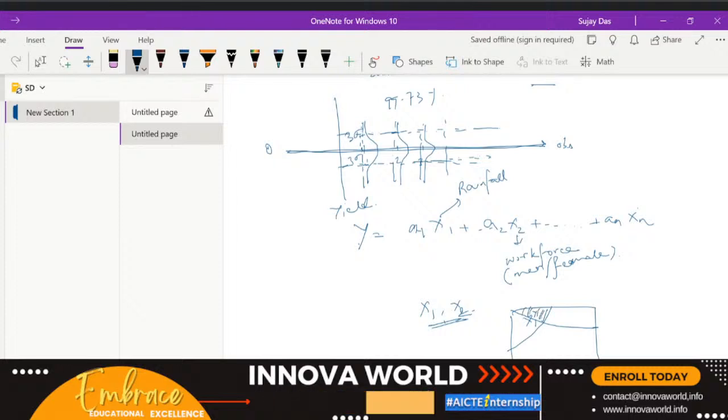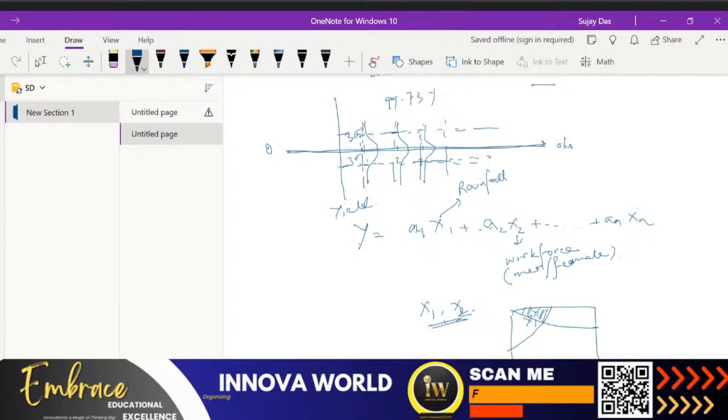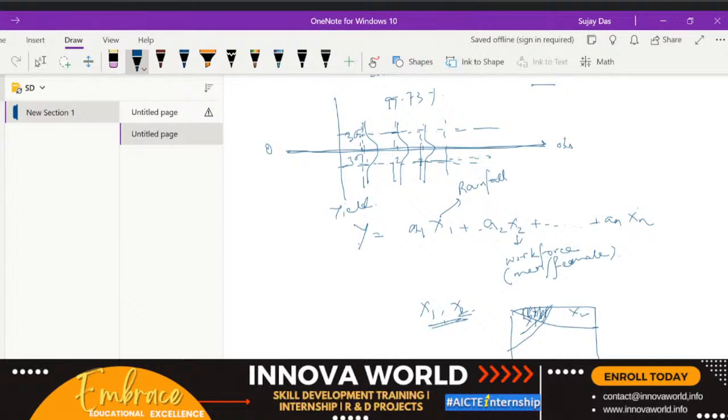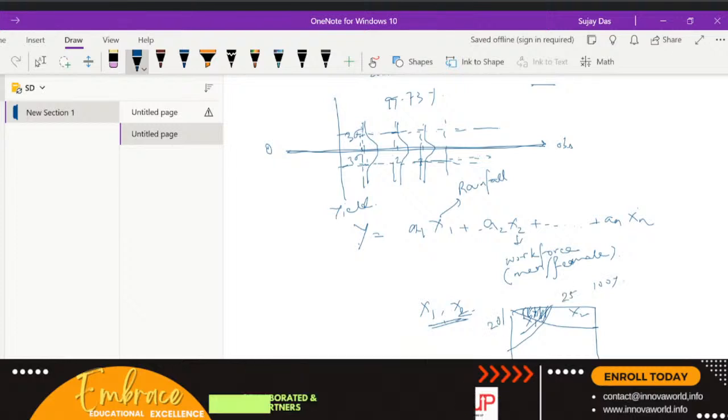So we should work with variables that are not correlated, or that are independent. If some variables are highly correlated with one another, suppose x1 is explaining this part and x2 is explaining this part, there will always be some portion that is tangled. Suppose this whole portion is 100% variation, this is explaining 20% and this portion is say 25%.